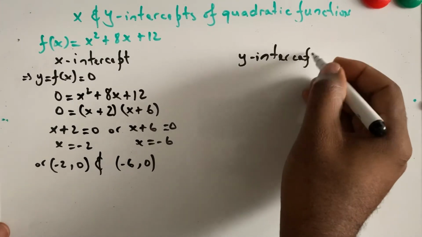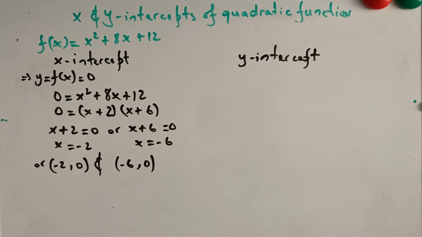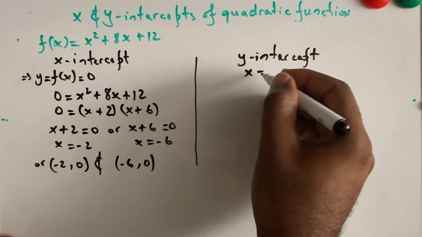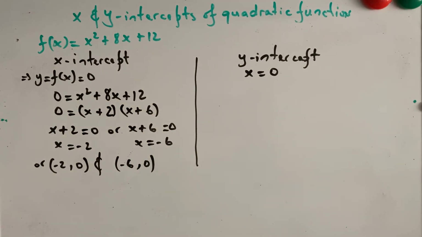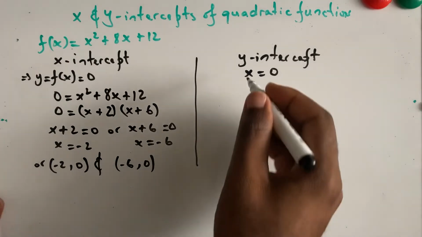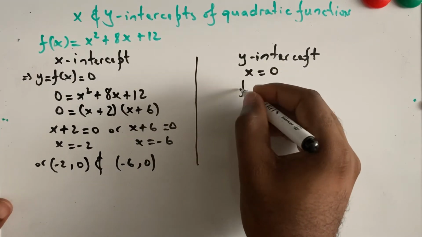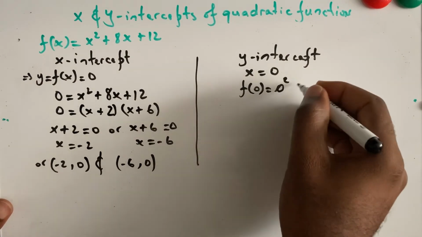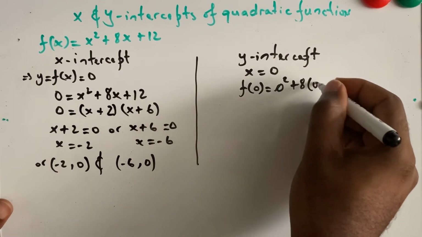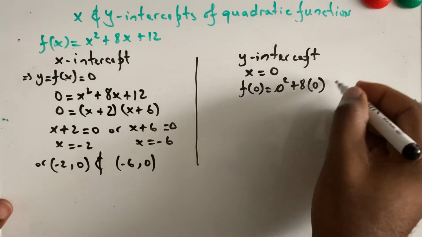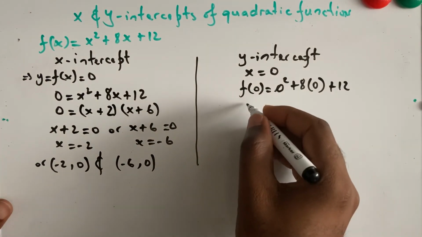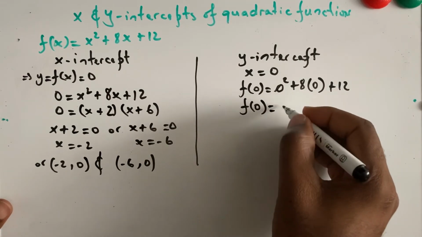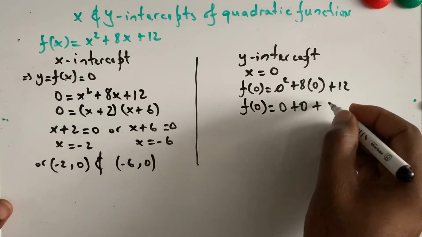Now the y-intercept. For the y-intercept, guys, you need to let x be 0 in this case. If x is 0, that means you have to go back here and replace x by 0. So f of 0 equals 0 squared plus 8 times 0 plus 12, and f of 0, which is the y value, is equal to 0 plus 0 plus 12.